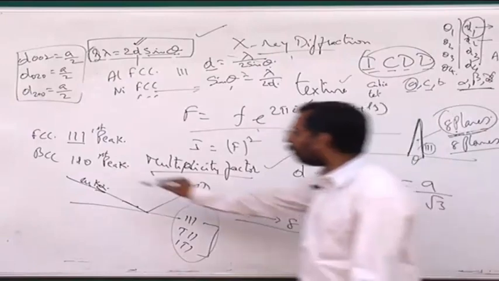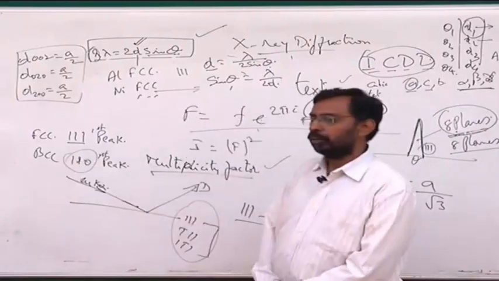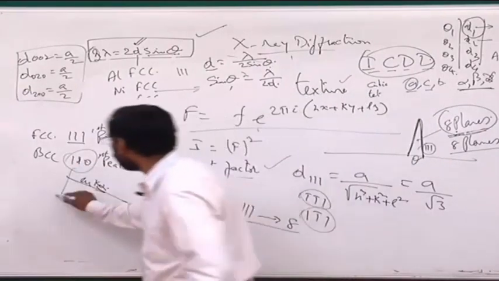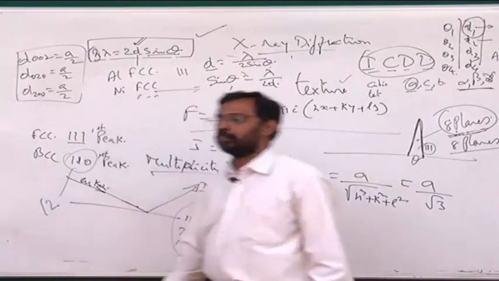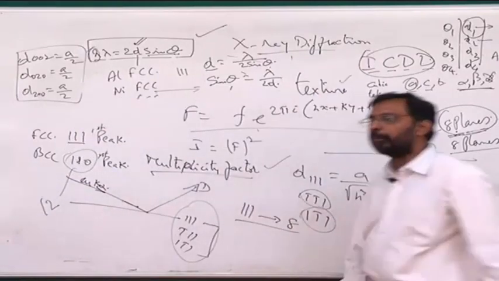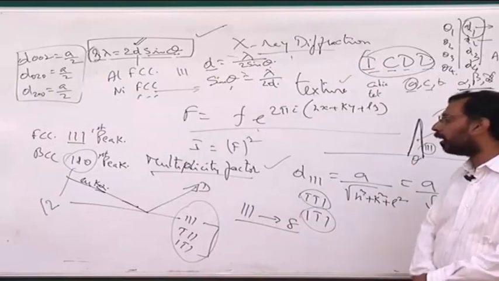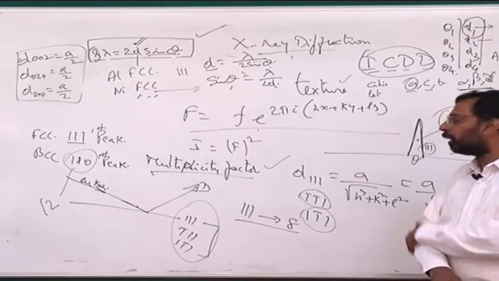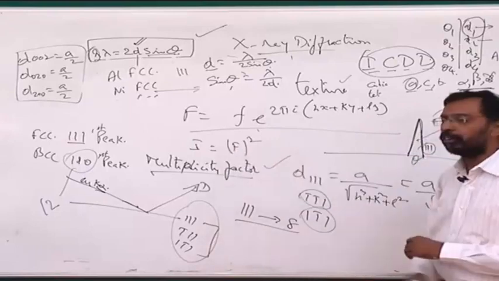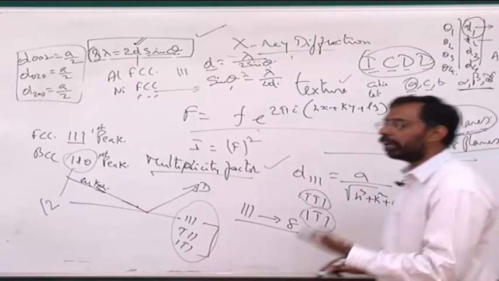And if I look at 110, there are 12 such 110 planes. If I do the sum, the permutations and combinations of 110, you will finally find out that there are 12.